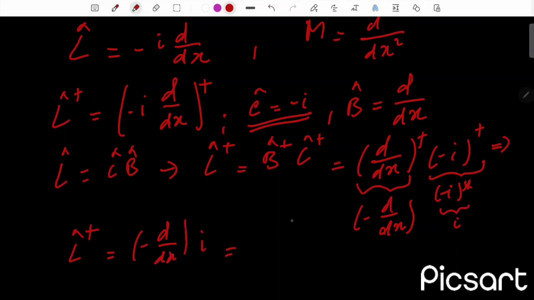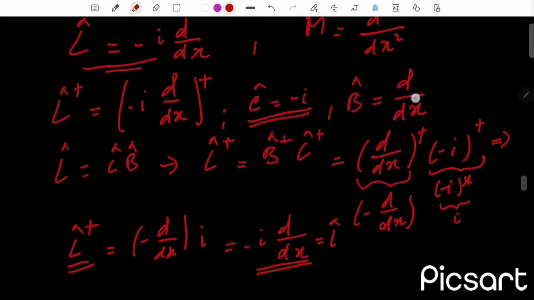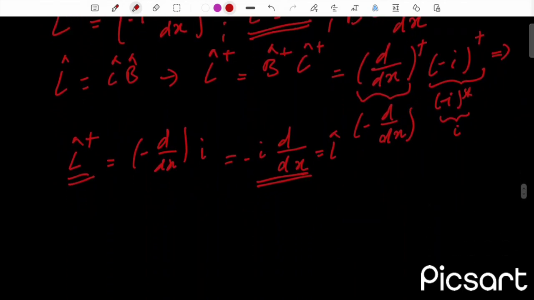Because i is a number, we can write this as minus i times d over dx. As we can see now, L dagger is equal to L. Okay, we go on.